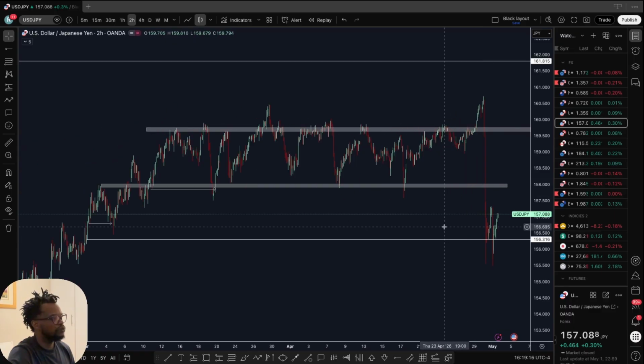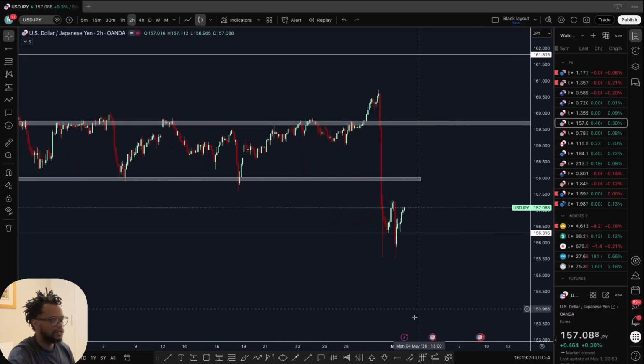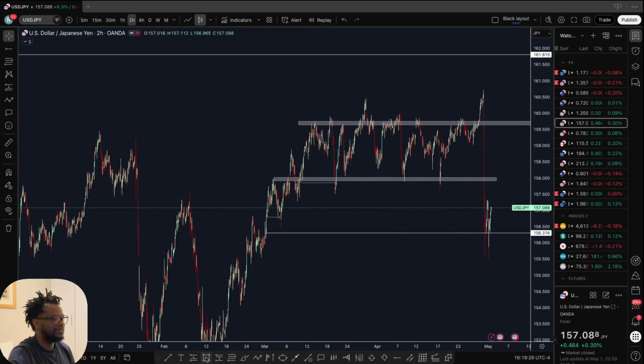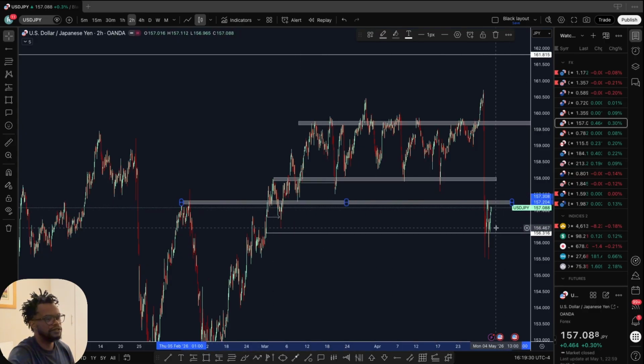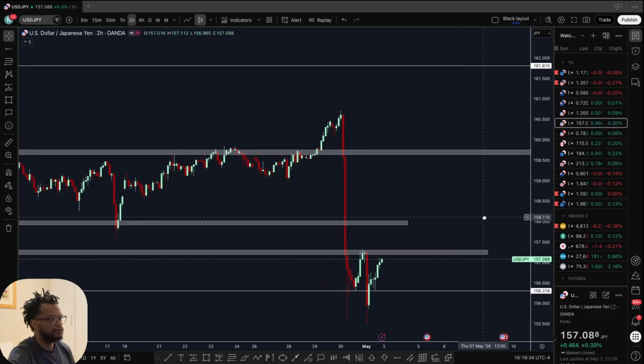So if we do pull back into the zone, I will buy it. If we get a sort of a break of structure and a break and retest of these intermediate SNR zones, if I look at this area here, because I prefer buying the yen pairs because it's so weak.